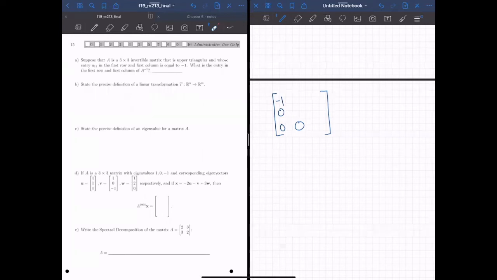And then we don't know what goes anywhere else. But it wants to know what is the entry in the first row and first column of the inverse matrix. So if this is A and this is A inverse, it wants to know what goes right here. This is the question mark spot.